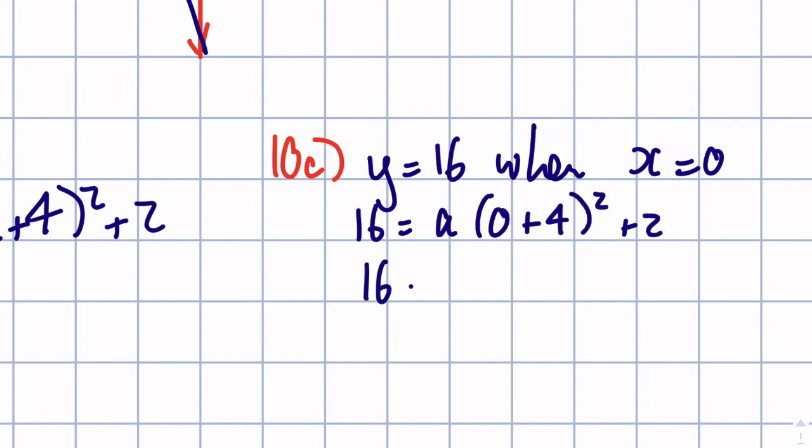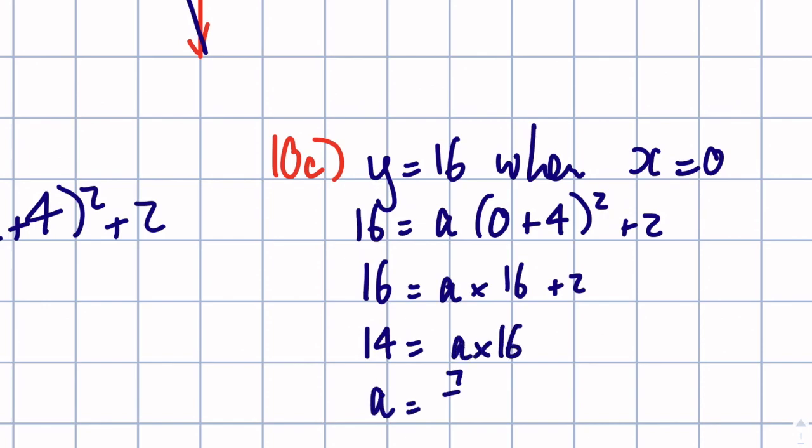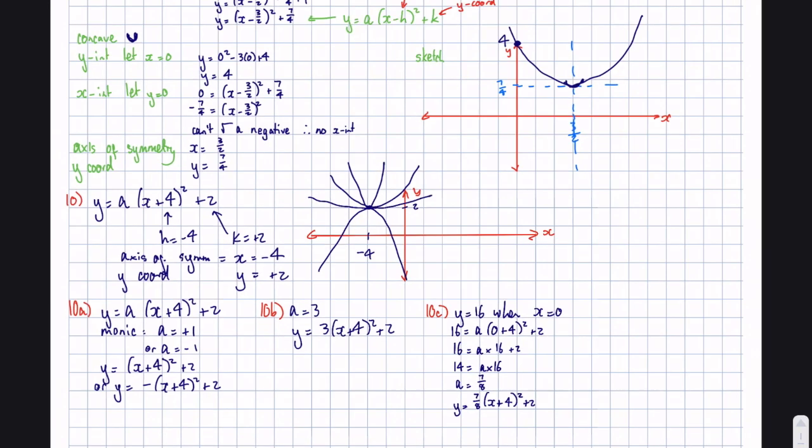So 16 is a times 4 squared, which is 16, plus 2. Subtract 2 off, that's 14 equals a times 16. So a is 14 over 16, which is 7/8. So y equals 7/8 outside of (x plus 4) squared plus 2.